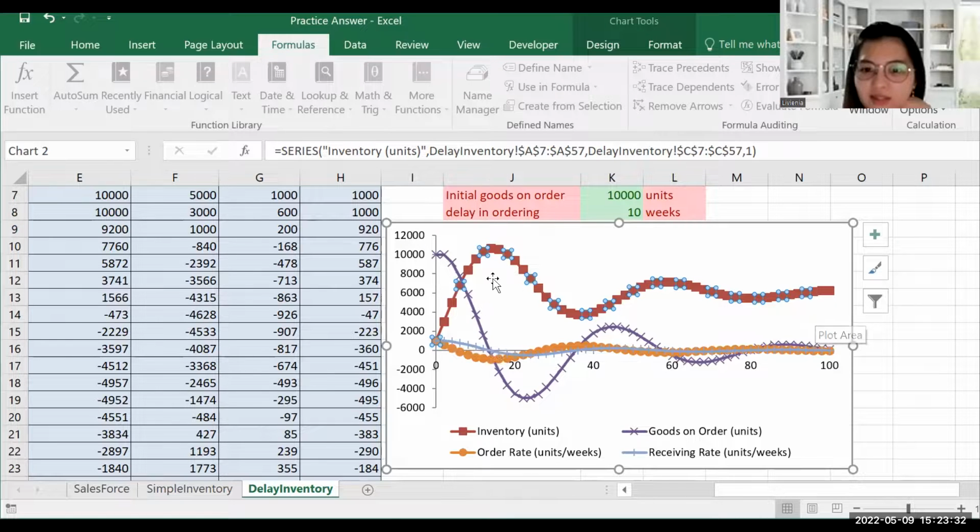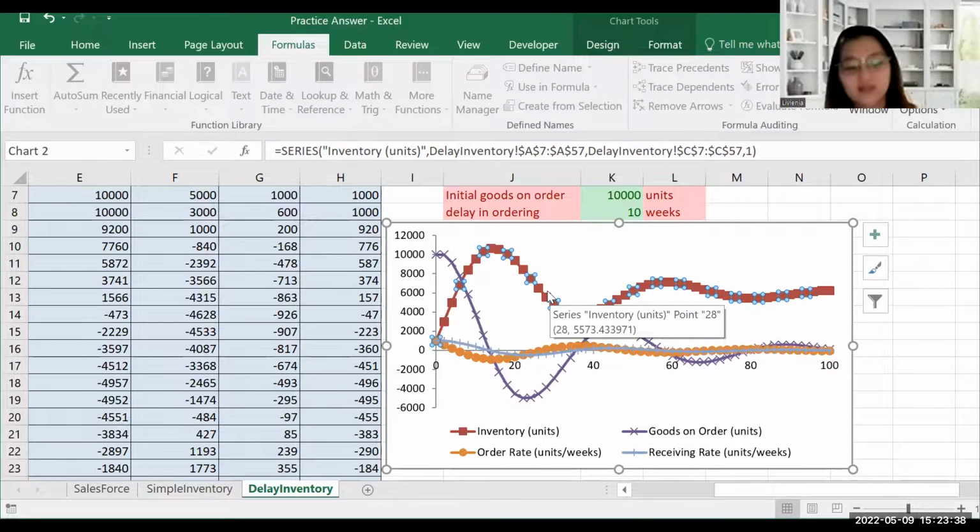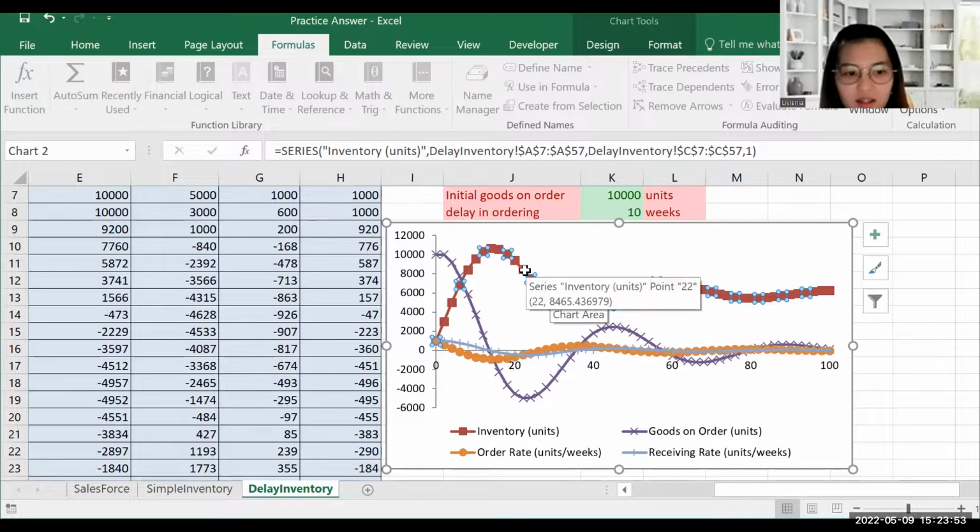That one means you have a second order system. That is the cause of the delay. The existence of the delay will create the up and down.